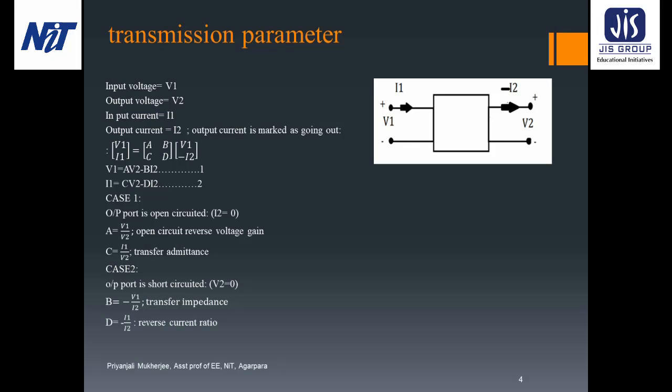Now these parameters are known as the transmission parameter, as in a transmission line the current enters at one end and leaves at the other end, and we need to know a relation between the sending end quantities and the receiving end quantities.